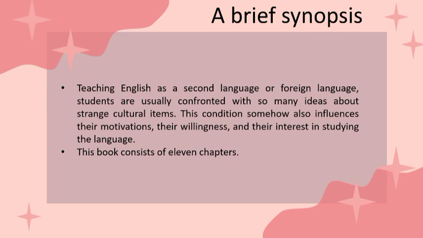So this book consists of 11 chapters. Chapter 1 discusses the relationship between language and culture, which is then followed by general American values in chapter 2. So it talks about the Western culture.